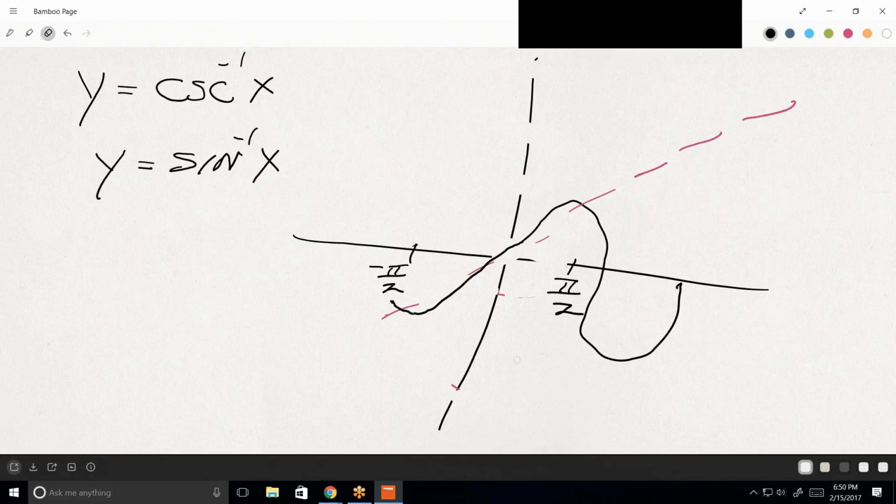The reason is that if I restrict it, it's one-to-one now, right? And in order to have an inverse function, you have to have a one-to-one function to begin with. And these inverse trig functions are functions, so we have to make sure they're one-to-one functions.